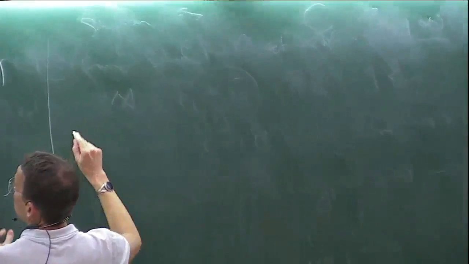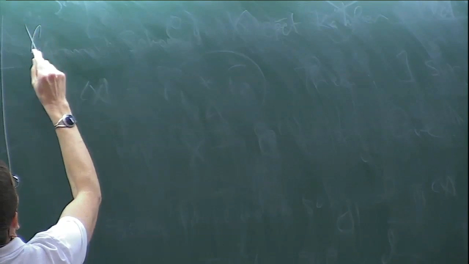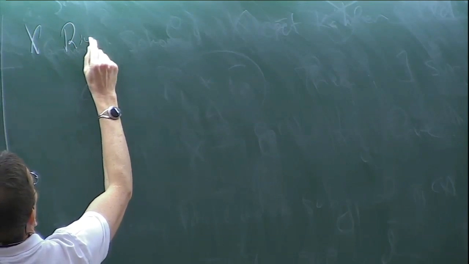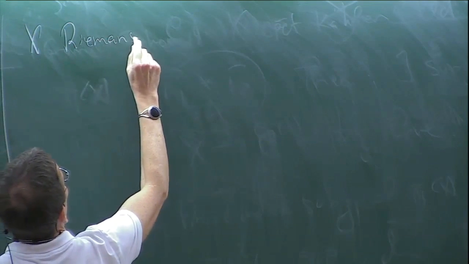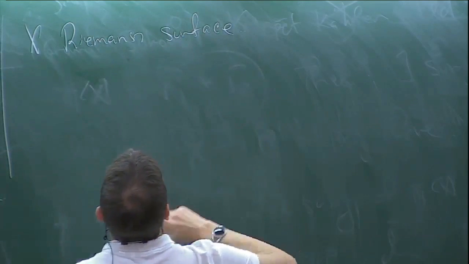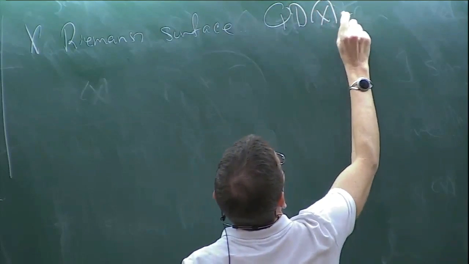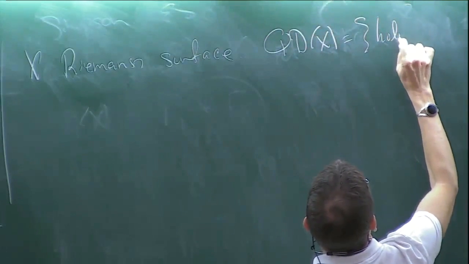So one thing that's tying things together, especially in the case of Riemann surfaces, is quadratic differentials. So from now on, probably I'll let X be a Riemann surface, and QD of X will be the space of holomorphic quadratic differentials.